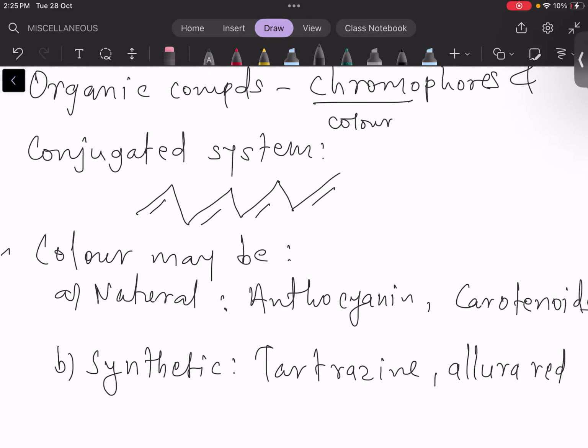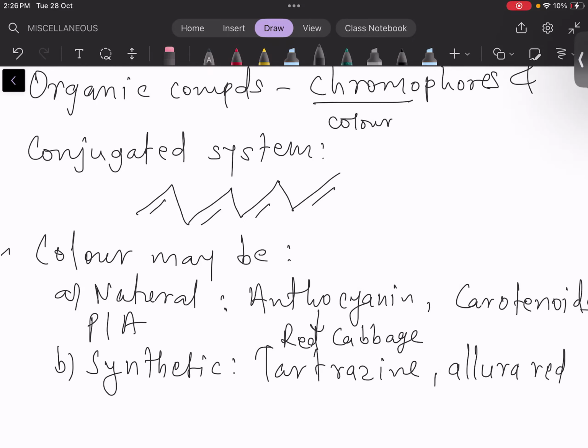So we studied there are two types of food color. One is natural color, and these natural colors are obtained from plants and animals. For example, anthocyanin is obtained from red cabbage. Have you eaten red cabbage? Yes, sir.